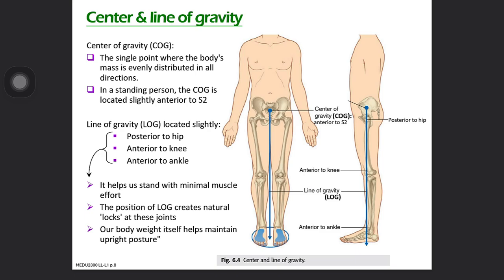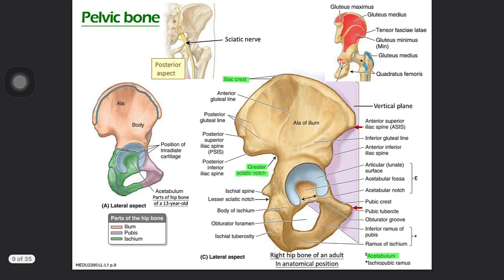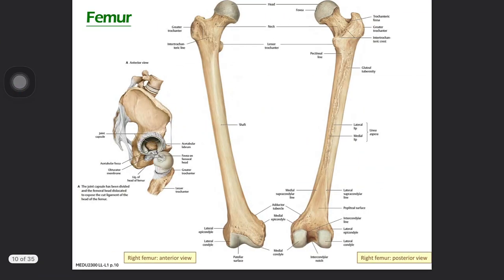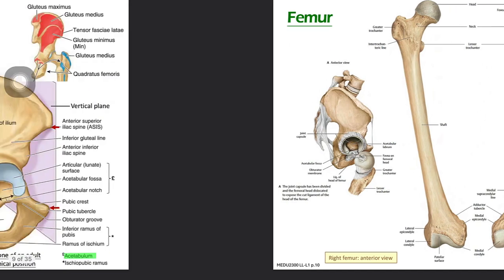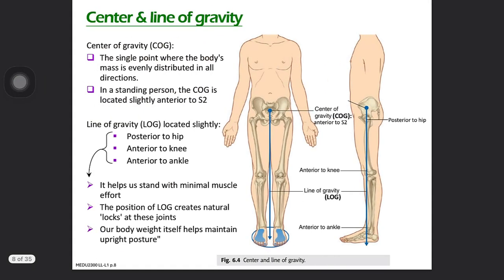So that may make the effort that they have to put in for standing upright greater, they use up more energy, simply because the posture is not naturally aligned, okay?